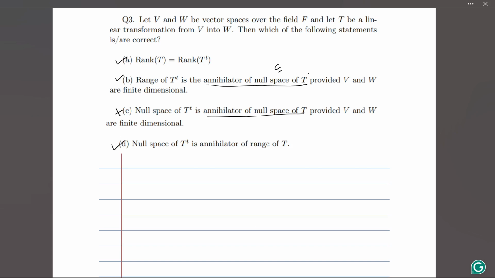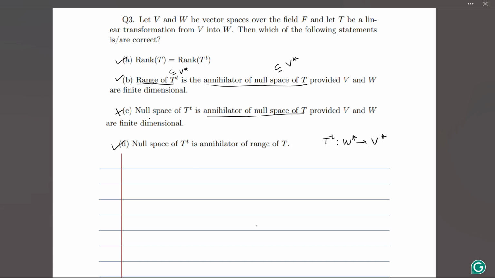First of all, null space of T is a subset of V. So the annihilator is a subset of V star. And range of T transpose is also a subset of V star because T transpose maps from W star to V star. So this makes sense.